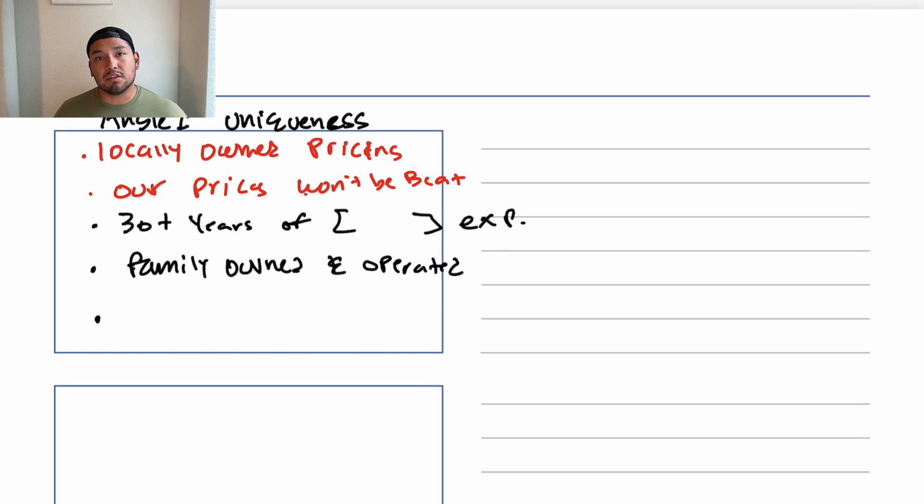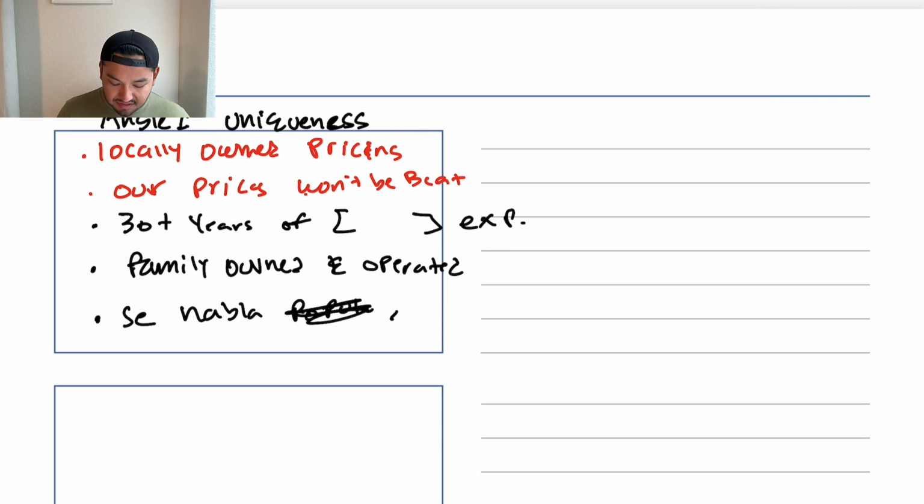Another example that you can use is that you speak Spanish, right? Like we speak Spanish, or se habla español, something like that, to call out, hey, we can help you out. If your population is heavily Spanish speaking, that could be very, very helpful for you.